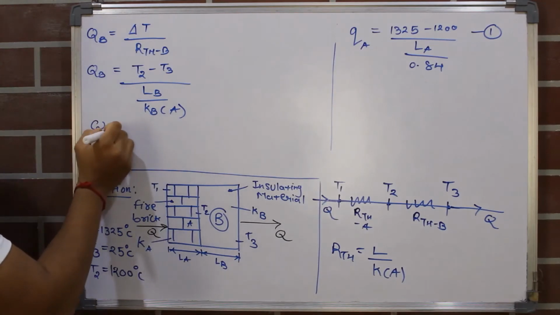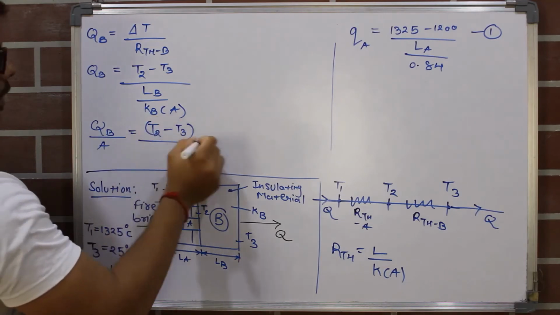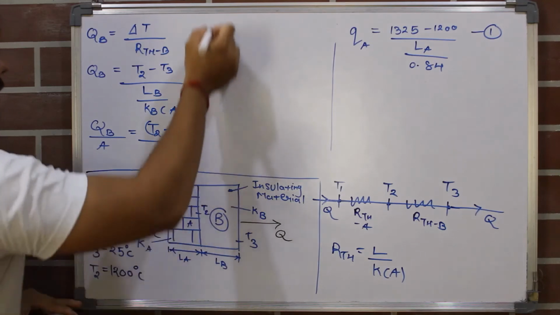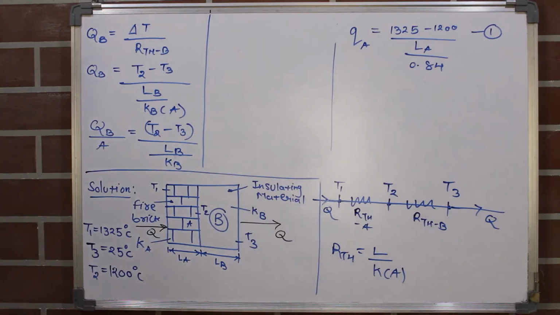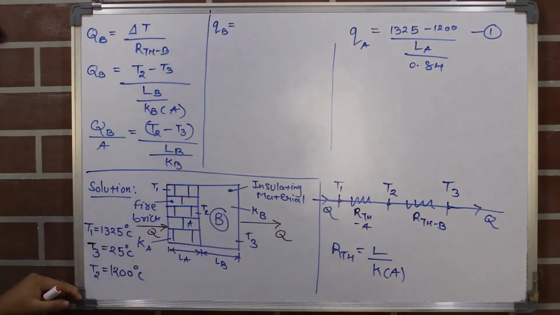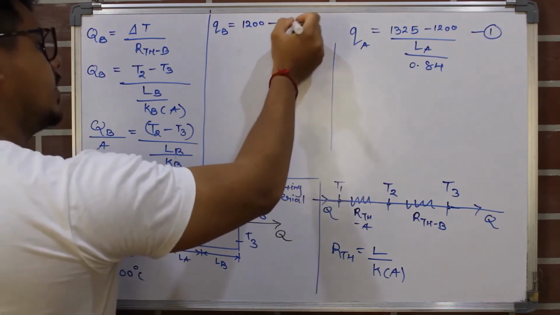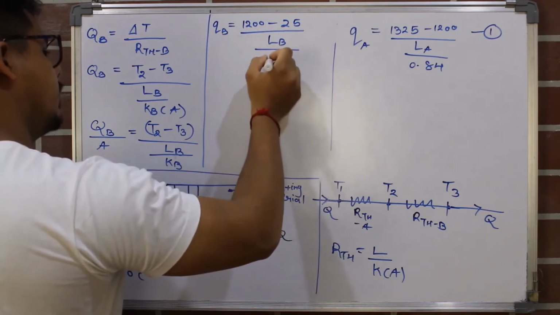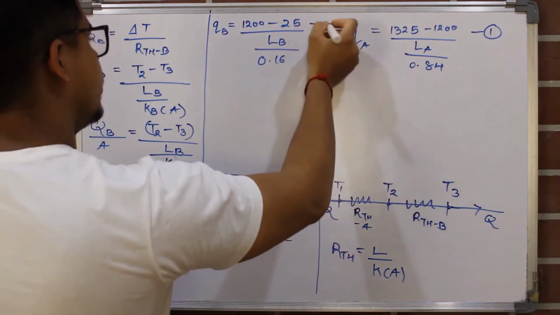So QB divided by A is equal to T2 minus T3 upon LB by KB. Now we want to substitute the values. Now this QB by A is what? Heat flux for wall B. I will write small qB. T2 is 1200 minus T3 which is 25, upon LB by KB. KB is 0.16, as given. Okay, so now let's mark this as equation number 2.